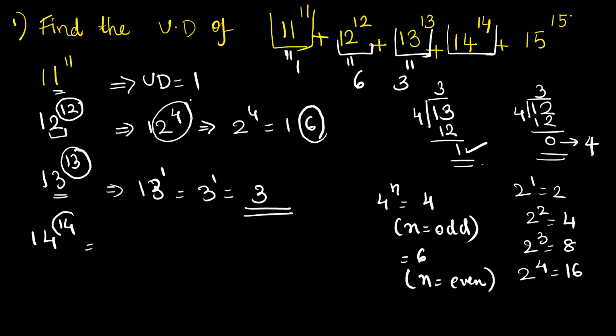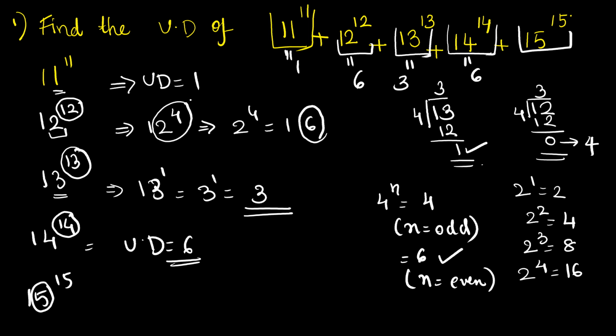Here the power is an even number, therefore the unit digit is 6. Next is 15 raised to 15. Here for 5 we know that the unit digit is always equal to 5, for any power. Therefore this unit digit is 5.